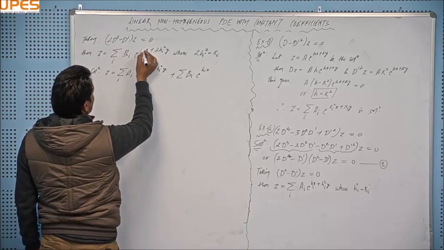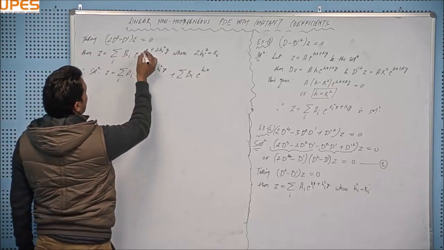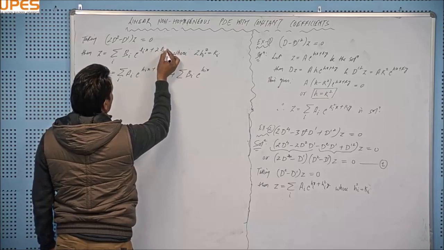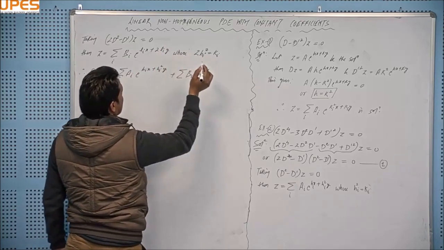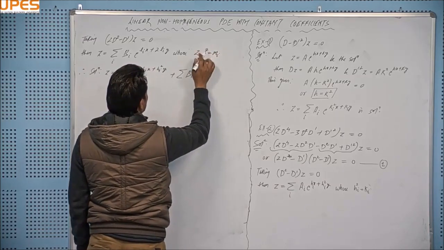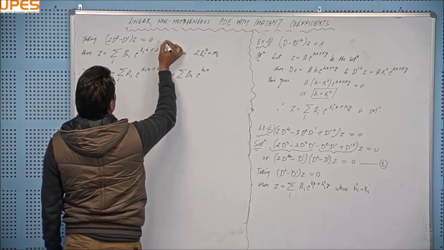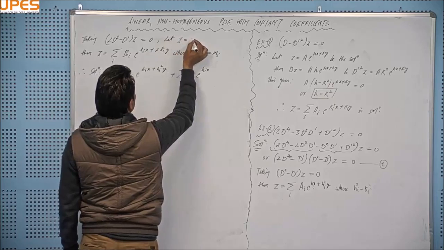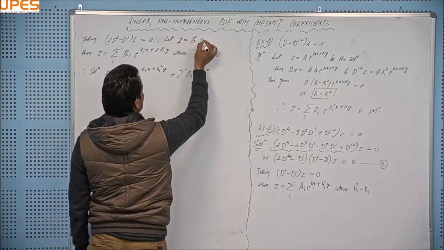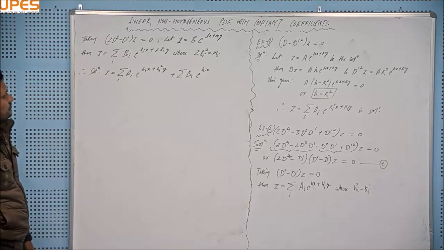I should write it with other letters. Alpha is already used there, so K, L or M, L. Where M_i is L_i square. Z is equal to B times e to the power Lx plus My. Yes, I have changed the constants.